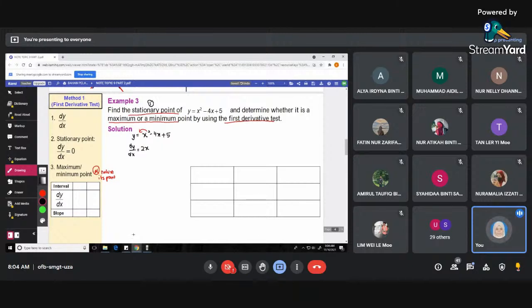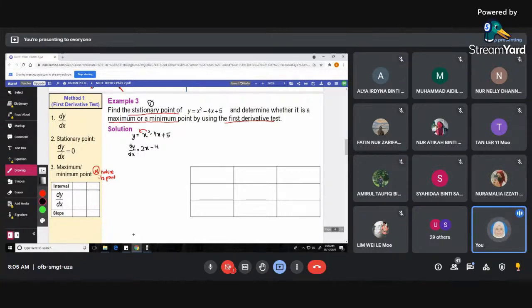What happened to the power? Minus 1. So 2x to the power of 1. Differentiate negative 4x, negative 4. Differentiate 5, 0.